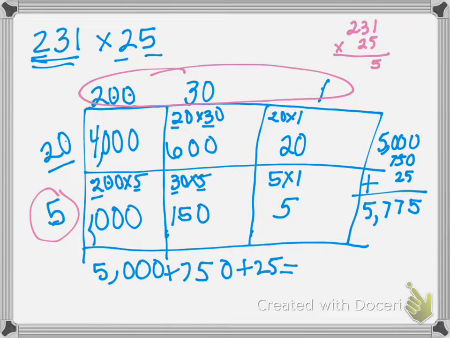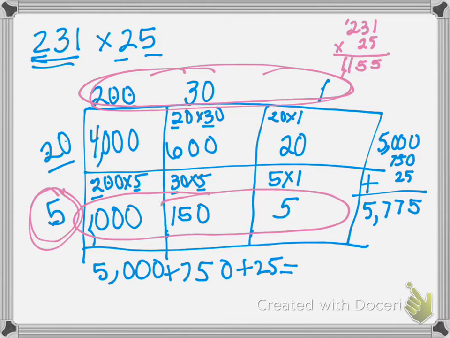We have 5 times 1, and then 5 goes to the 30, or the 3. 5 times 3 is 15, carry that 1, and now 5 goes to the 2, that's 10, plus the 1 is 11. So we have 1,115. Now if we look at that, this is 5 times all of this, and if we were to add these up, that would be the same thing. That would be 1,115.